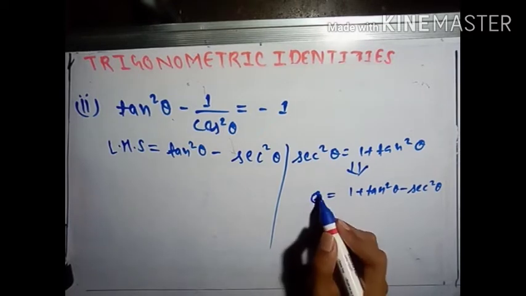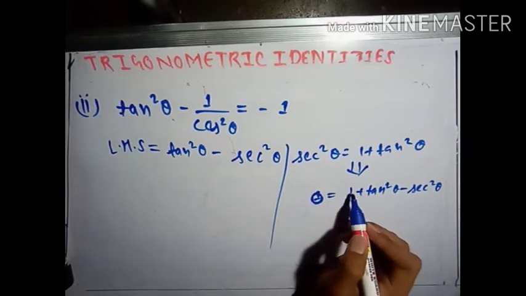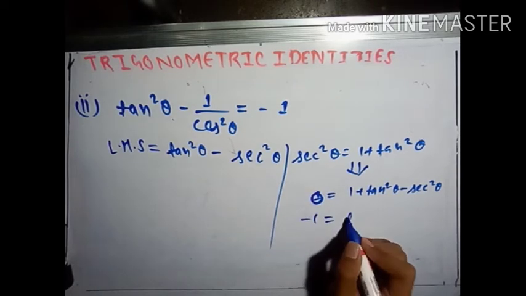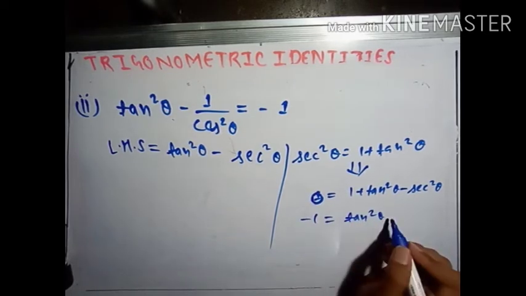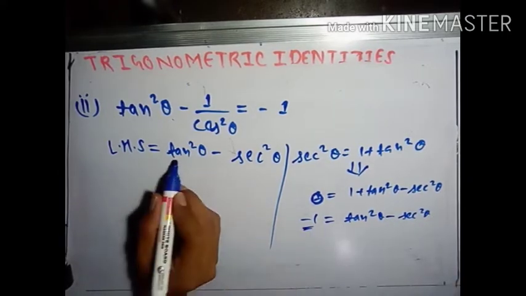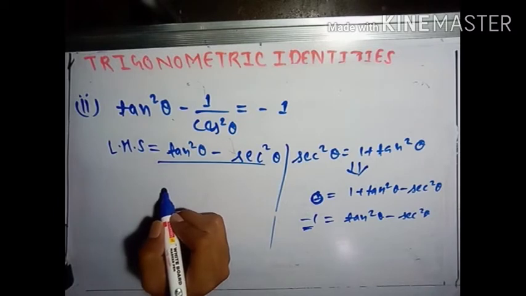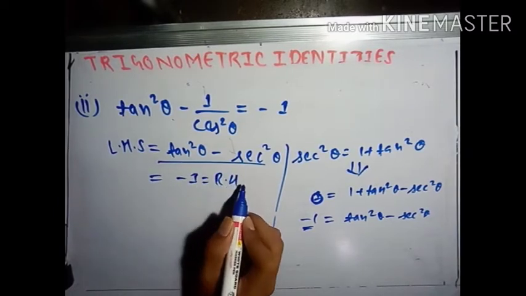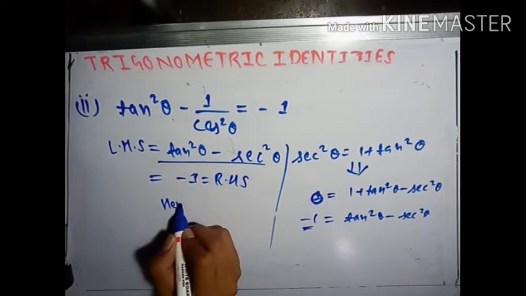Nothing will be left here, it's equal to 0. Now send 1 to this side, so it becomes minus 1, and this equals tan square theta minus sec square theta. Now you got the value, so in the place of tan square theta minus sec square theta, you simply write it as minus 1, which is equal to RHS, and hence proved.